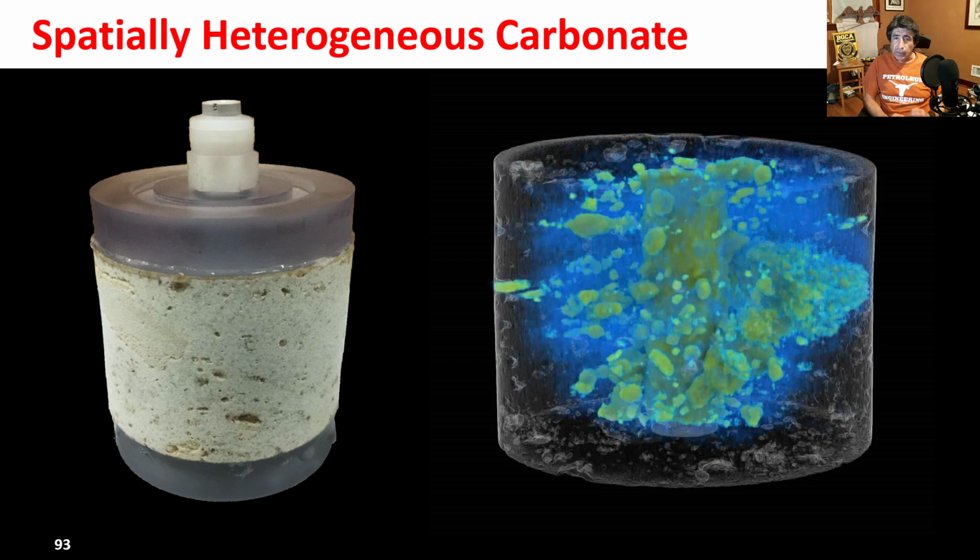First the larger pores are filled in, and there's a very specific pattern of how the fluids are moving into the rock, having more efficiency in those portions of the rock that have the largest pore sizes.